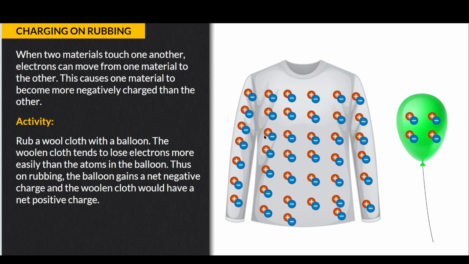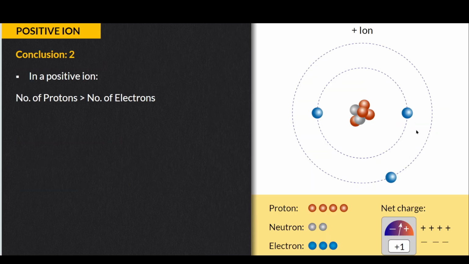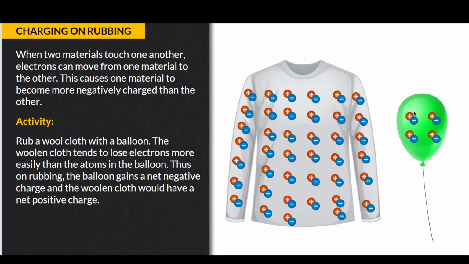Now let's understand charging on rubbing. So when two materials touch one another, electrons can move from one material to the other. Like I said, electrons are mobile, they can transfer from one atom to another. So when they touch each other, electrons can move from one material to another. And this causes one material to become more negative than the other.